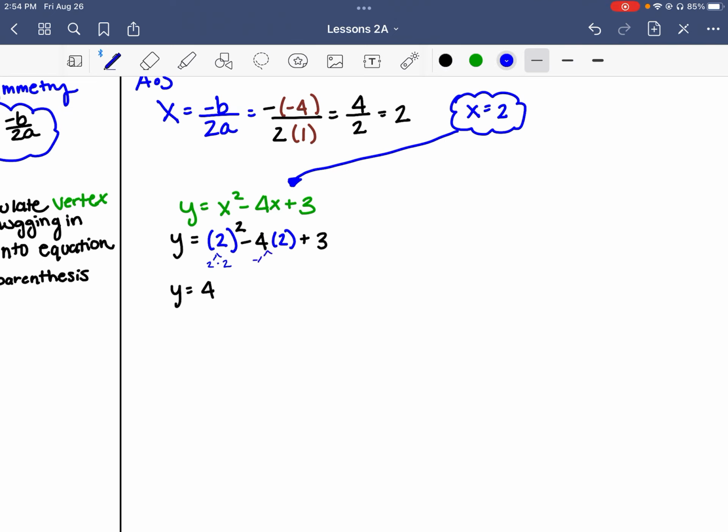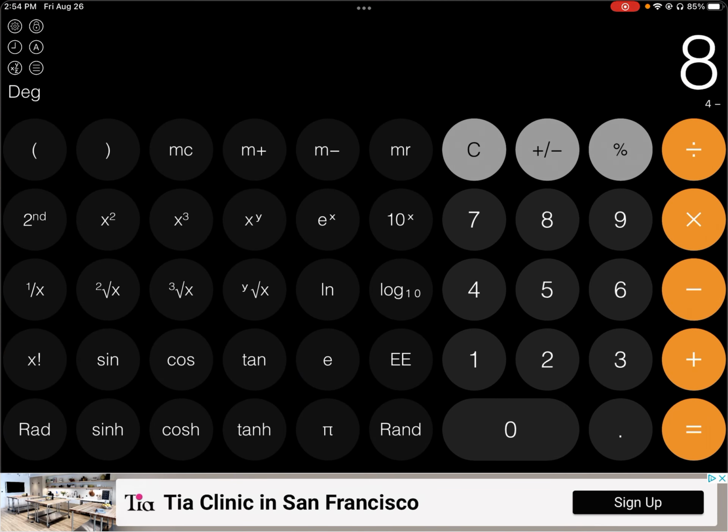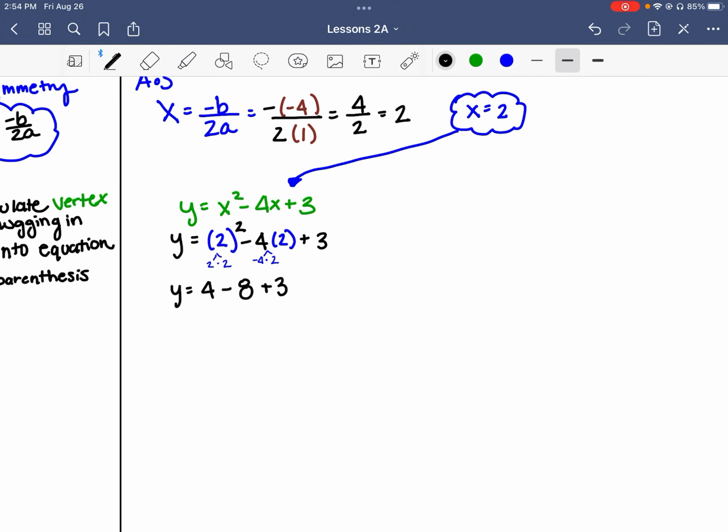And then over here I have negative 4 times 2, which is negative 8. And I bring my plus 3 down. Now from here you can either keep going step by step or use a calculator. So I'm going to do 4 minus 8 plus 3, which gives me negative 1. So I get y equals negative 1.